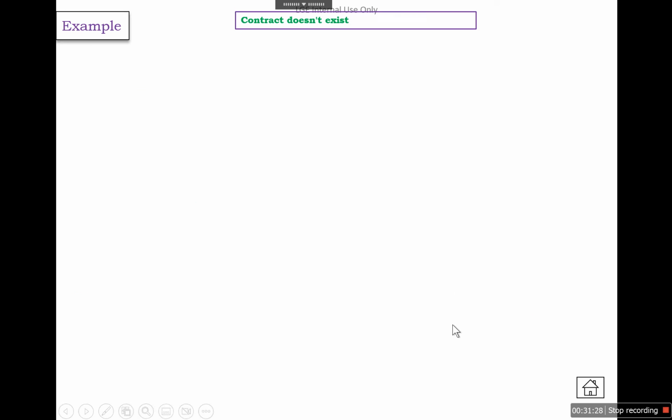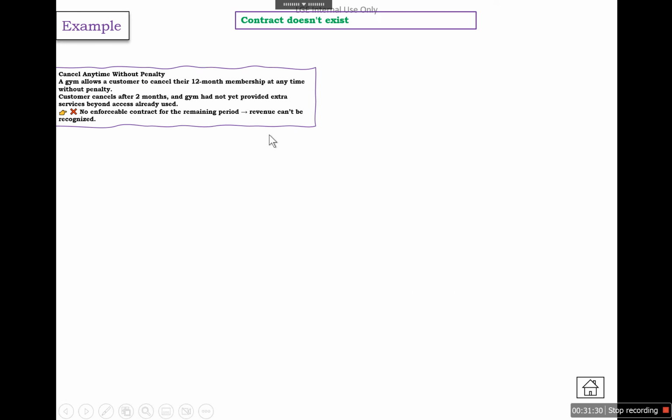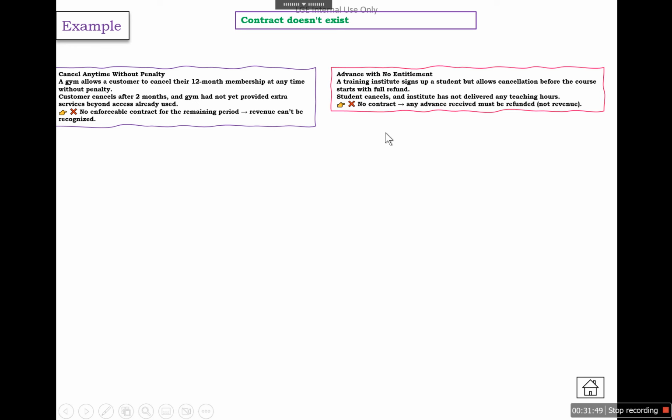So let's discuss some examples. A gym allows a customer to cancel a 12 months membership at any time without penalty. The customer cancels after 2 months, and the gym has not provided extra services beyond the access already used. So there is no enforceable contract for the remaining period and revenue cannot be recognized. Similarly, a training institute signs up a student but allows cancellation before the course starts with a full refund.